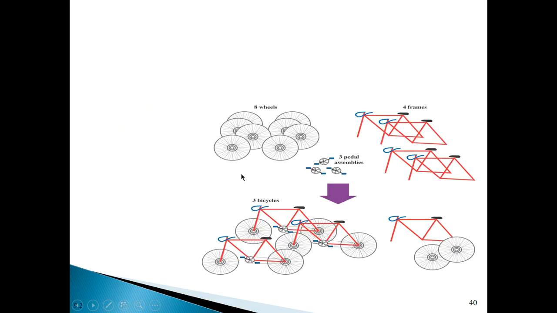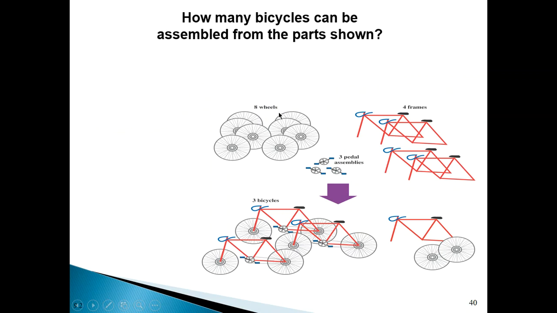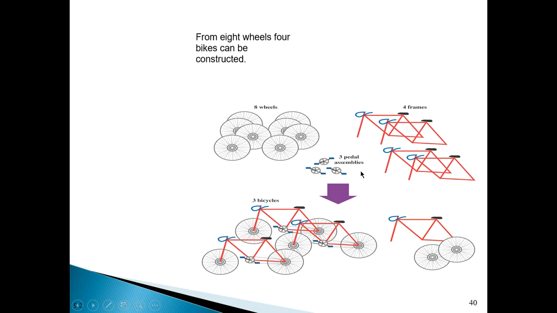So let's say you have a situation where you have at your disposal 8 wheels, 4 frames, and 3 pedal assemblies. All right. Now the thing is, if we look at the manufacturing of bicycles based solely on the amount of wheels, we can conclude based on the formula that we just looked at that 8 wheels can be used to manufacture 4 bicycles, right?